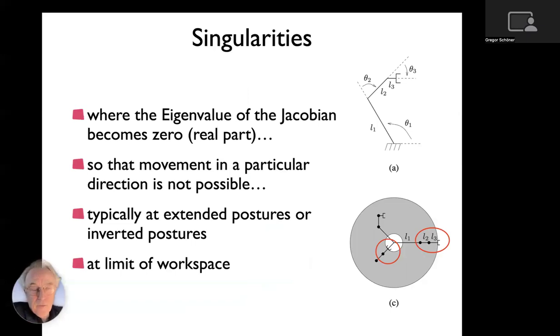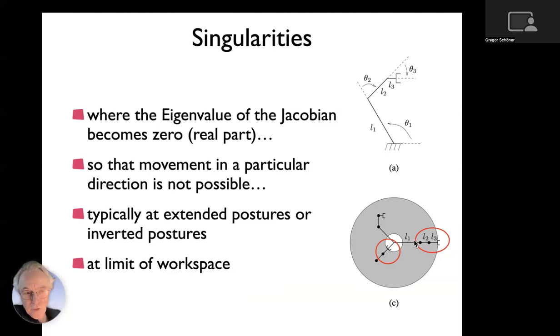And what I'm actually driving at is the singularity. So at which points does the Jacobian become not invertible, which technically means that there's an eigenvalue that becomes zero, and that typically just happens. In these simple illustrations in 2D, it shows up essentially at the limits of workspace.